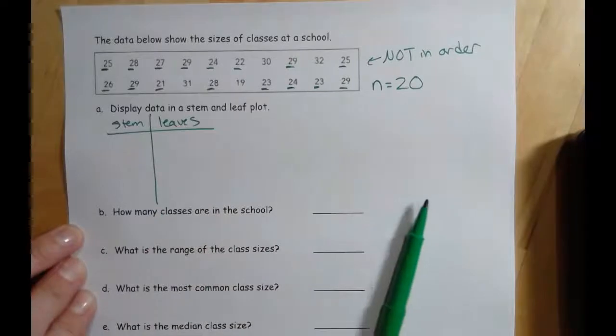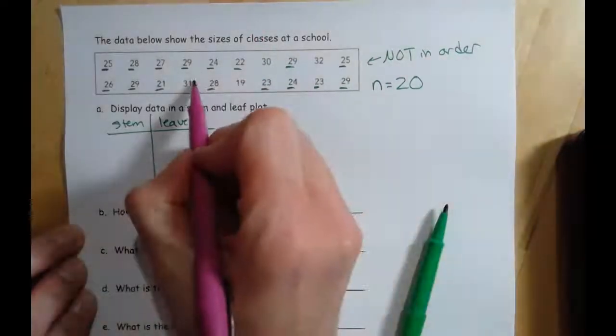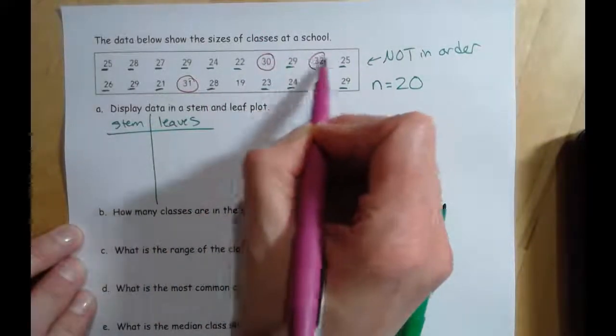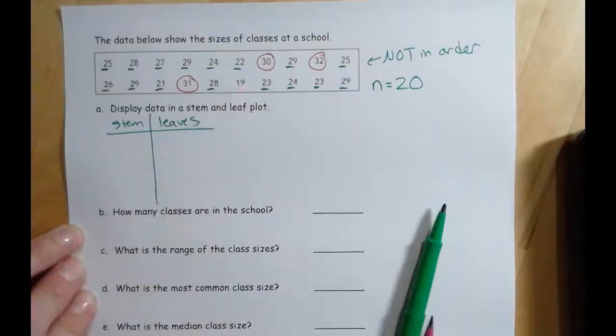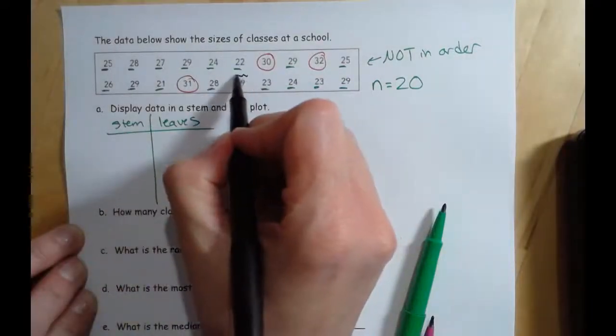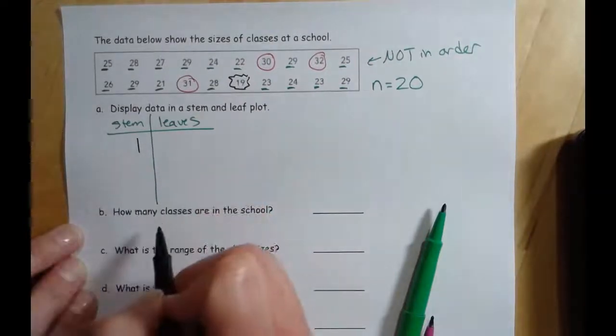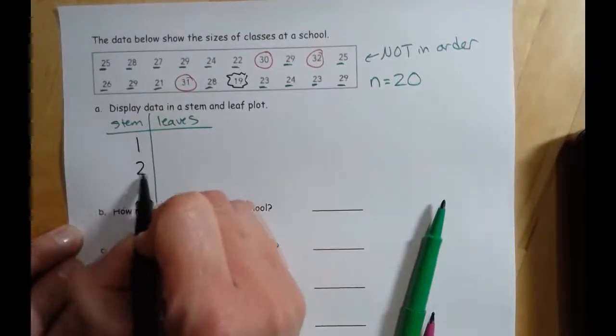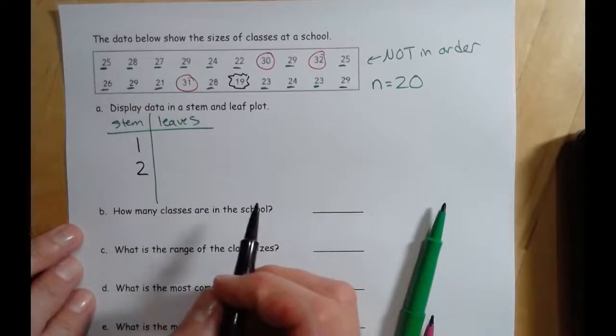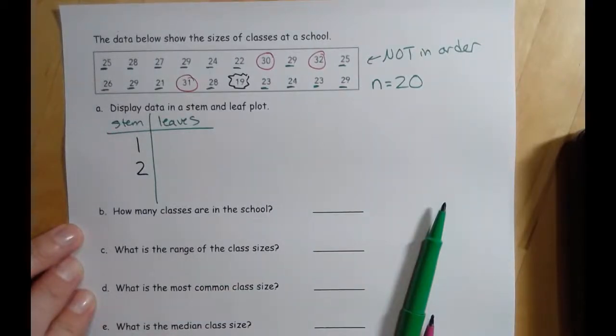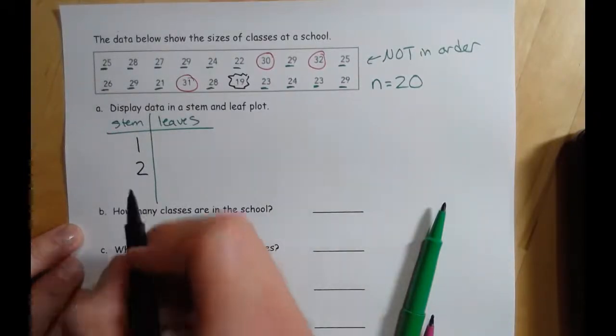But then I'm also going to notice I do have some in the 30s here, and I've got 1 in the 10s. Alright, so that means I'm going to need a 1 stem, and I'm going to need a 2 stem for sure, and I'm going to need a 3 stem.